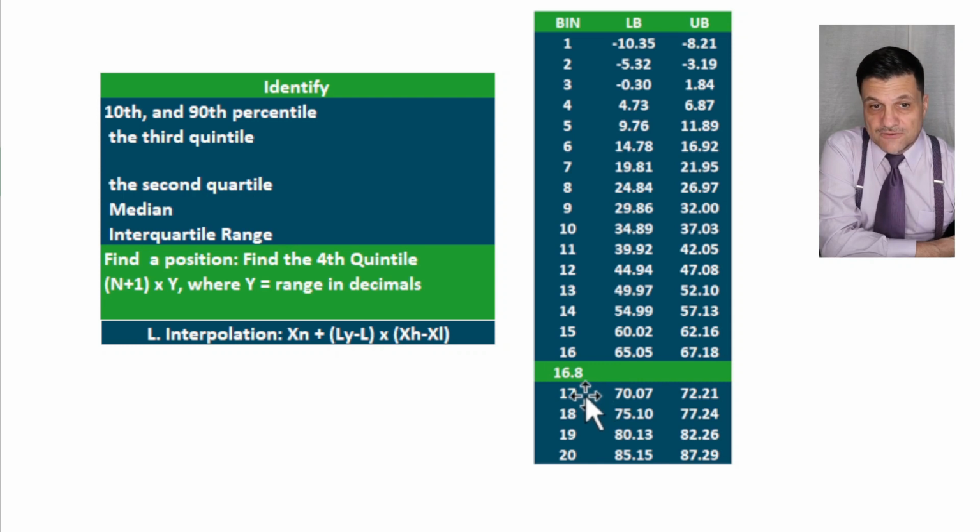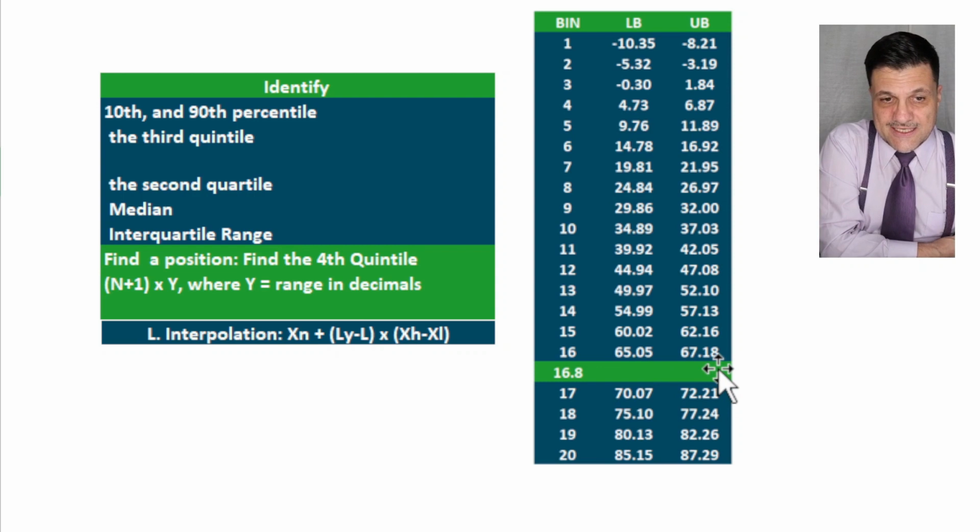I don't know, but take a look. I know that the 16 is between 65.05 and 67.18, and I also know the 17 goes from 70.07 to 72.21.